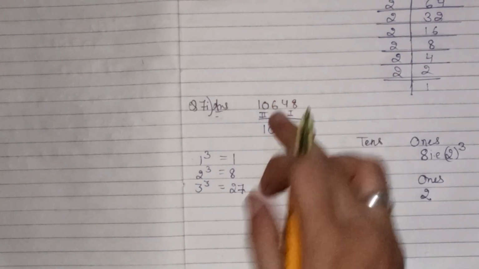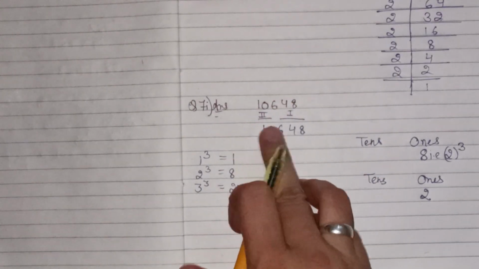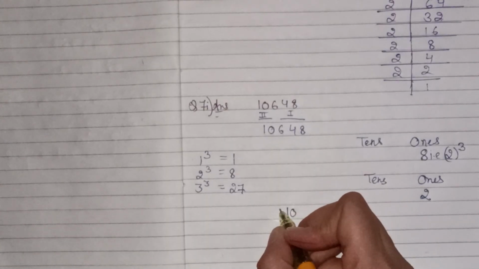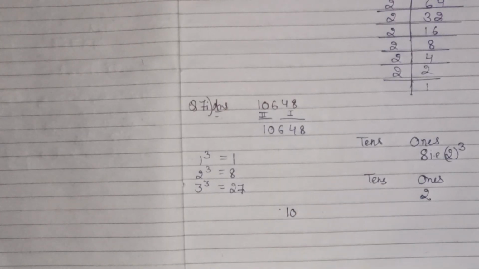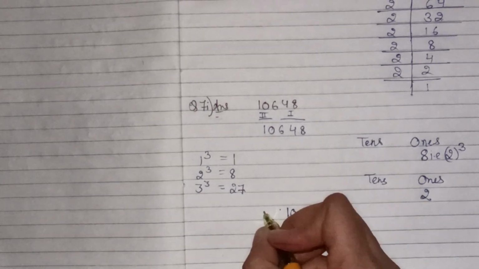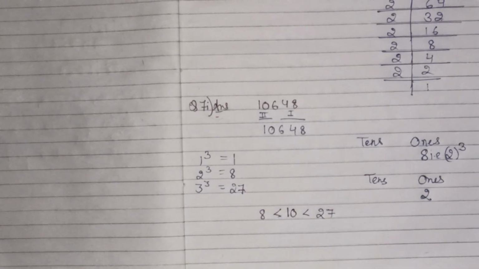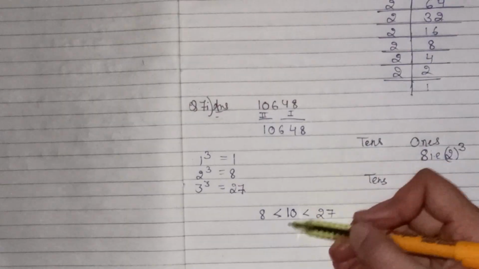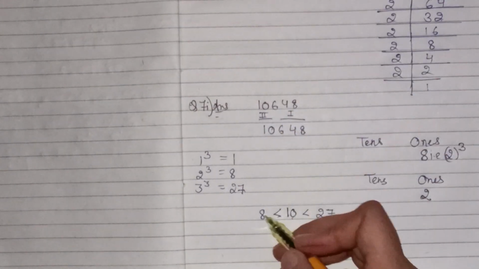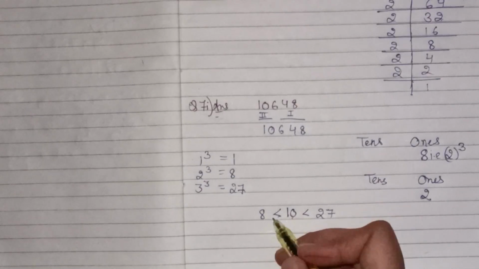Now in the middle I write the second group, which is 10. 10 is less than 27 and greater than 8.